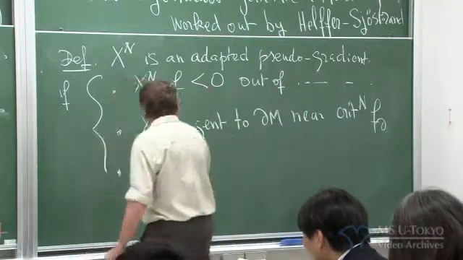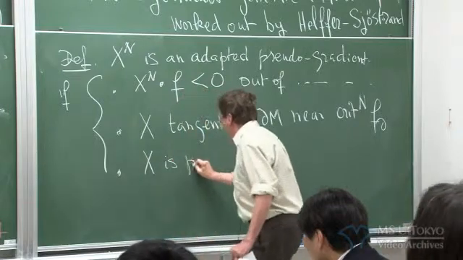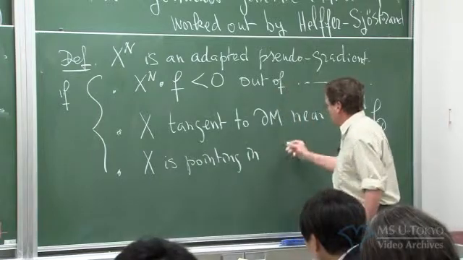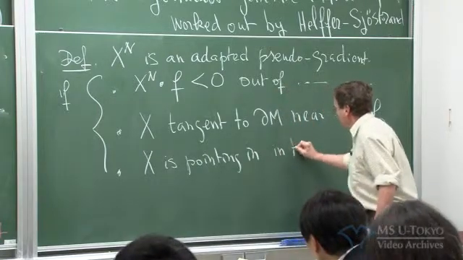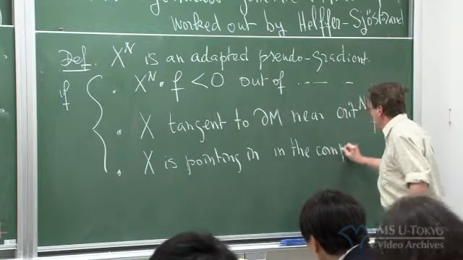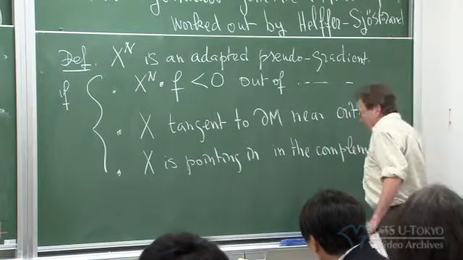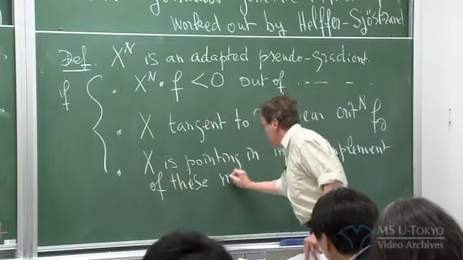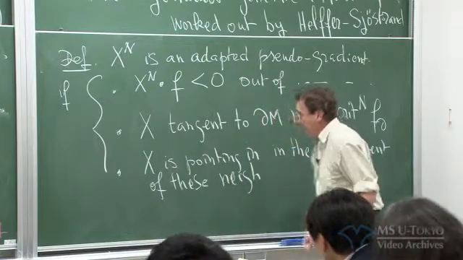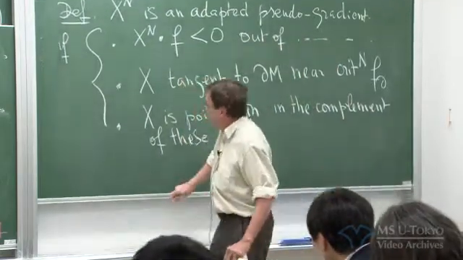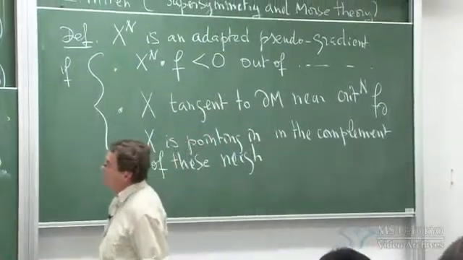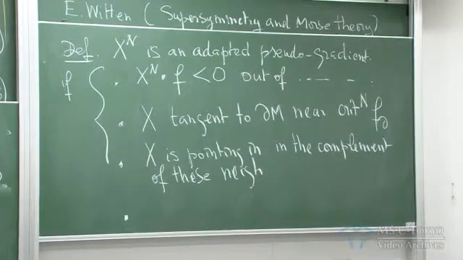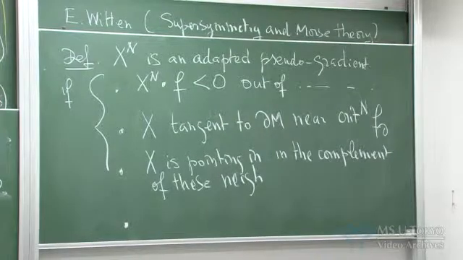And X is pointing in the complement of these neighborhoods. And there is still another condition, which already appeared in Smale's theory, which is a non-degeneracy condition at the critical points.